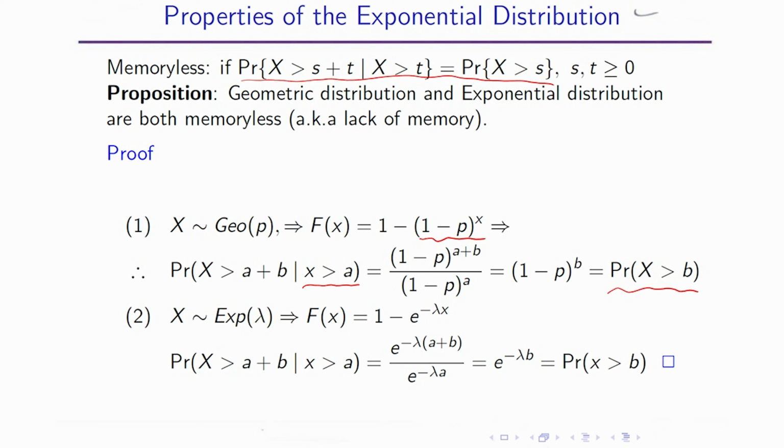That is the so-called memoryless property. Similarly, you can prove that when X is exponentially distributed, this conditional probability is equal to the probability without conditioning. So that is memoryless.